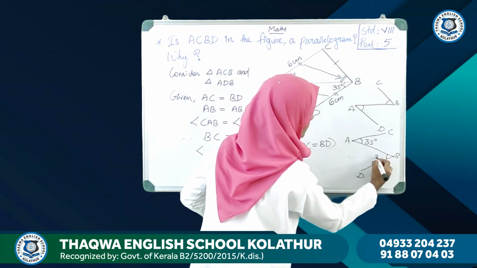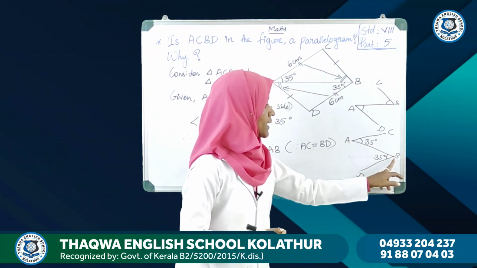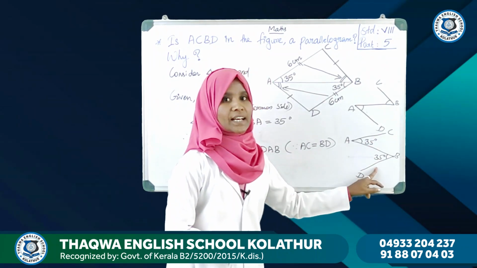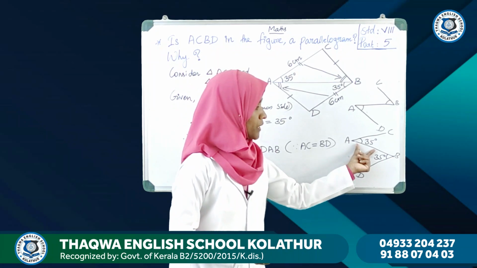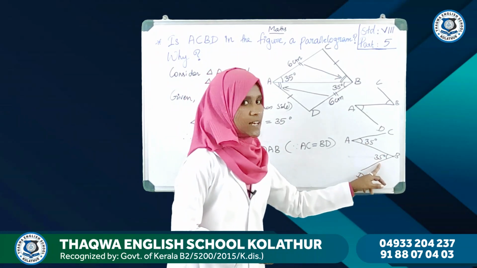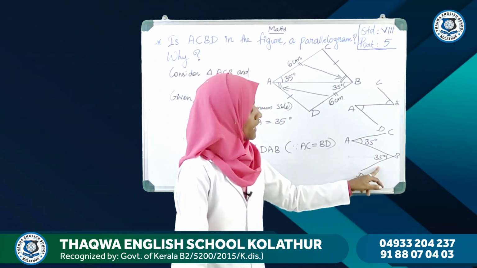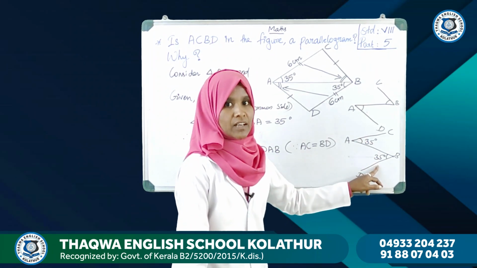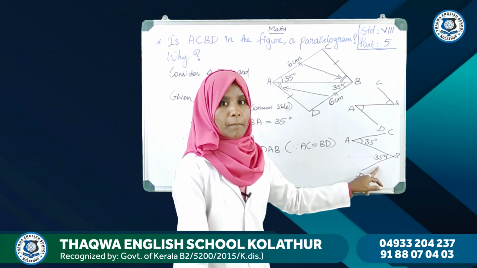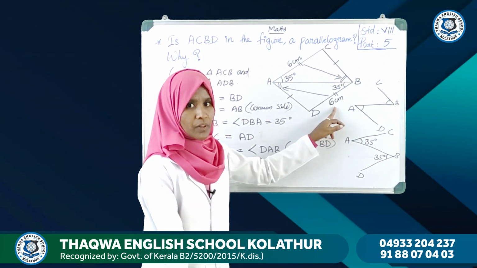The measure of these angles is 35 degrees. These are alternate angles made by the line AB meeting the pair of lines AC and BD. Thus we can say that the lines AC and BD are parallel. That is, the sides AC and BD are parallel.